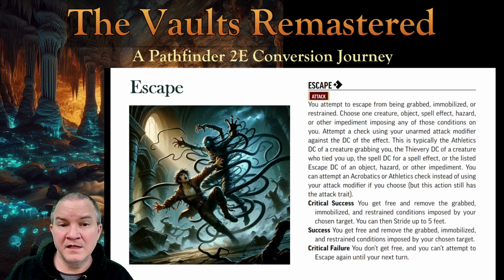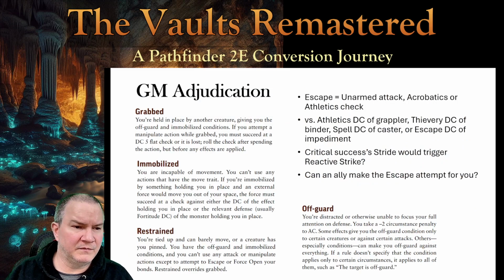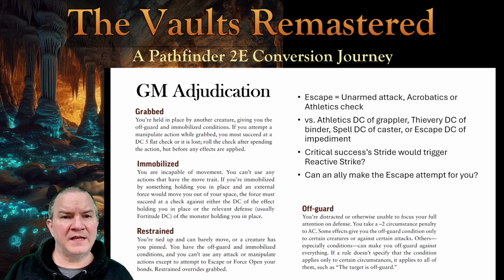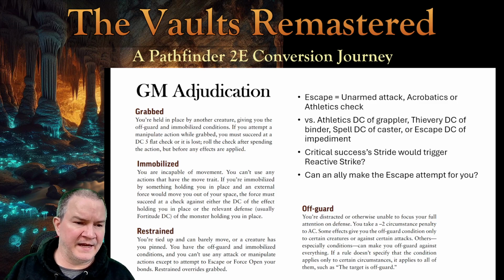So it says attack. If it has the manipulate trait, you can't do it unless you roll a DC 5 flat check, which is fairly easy. A flat check means you roll a d20, and you've got to hit that number or higher. So if you hit a 5 or better, you're able to use your manipulate. But if you roll 1, 2, 3, 4, you can't do the manipulate, and you lose that action.